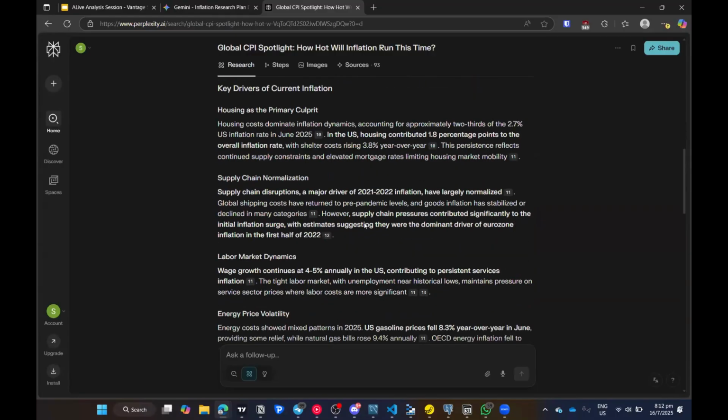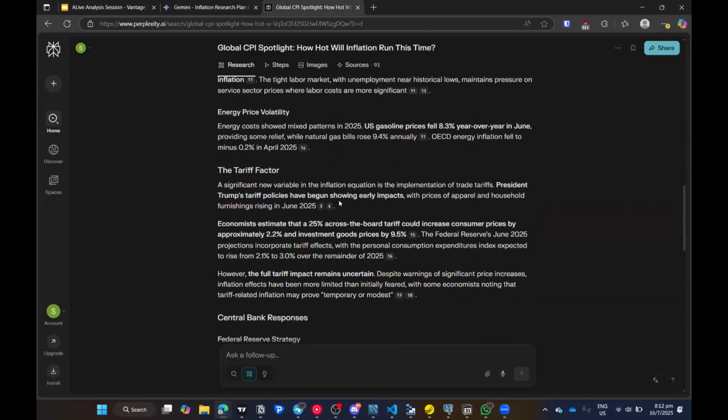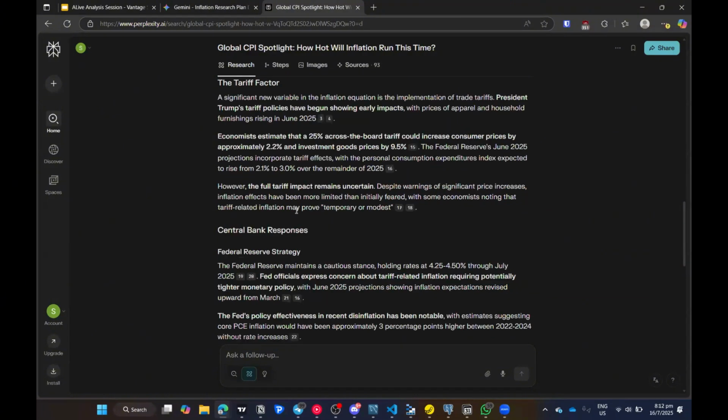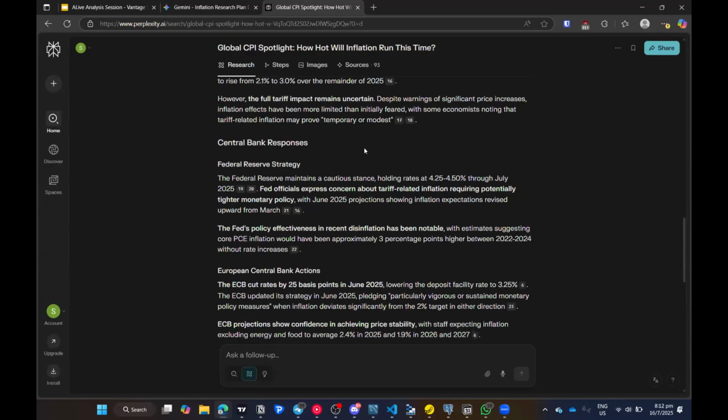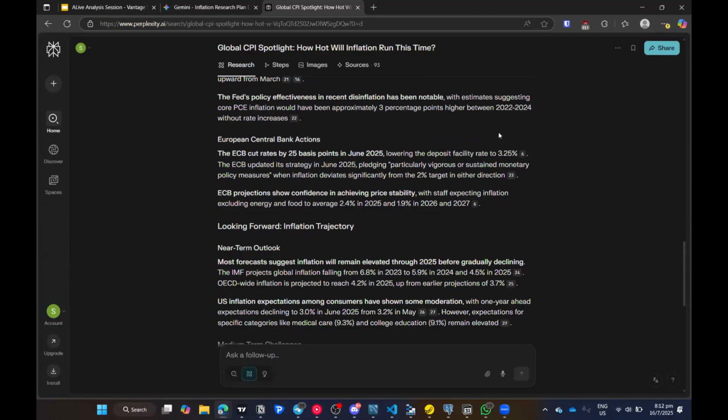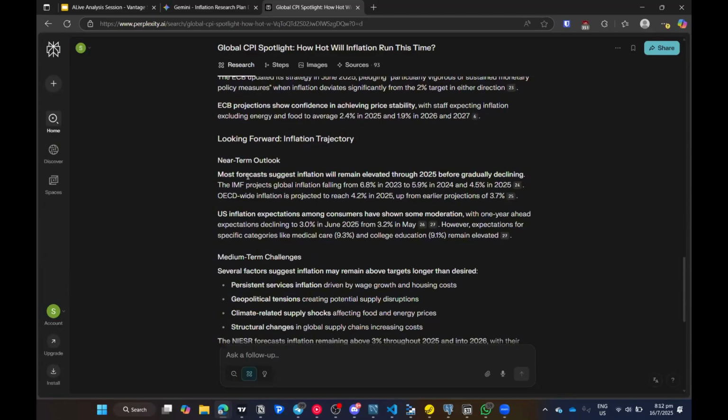You can get quite a lot of information. I would say this report is pretty standard, and is quite a good report to give you a quick rundown on the scenario for global CPI. Okay, so same thing, they're looking at inflation remaining elevated through 2025.